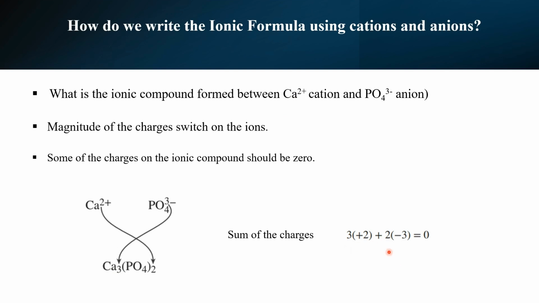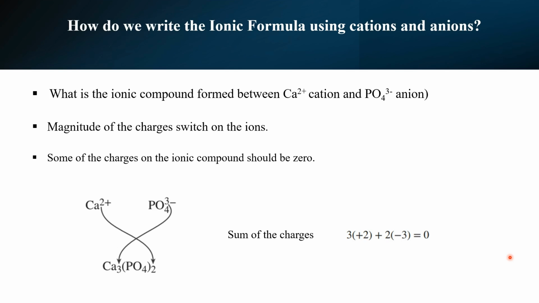So +2 times 3 plus one phosphate group charge is 3 minus. 3 minus times 2 phosphate groups. If we add all these numbers, the charge should be 0. You always need to make a zero overall charge ionic compound by combining the proper number of cations and anions. The short method is that the magnitudes of the charges switch with each other.